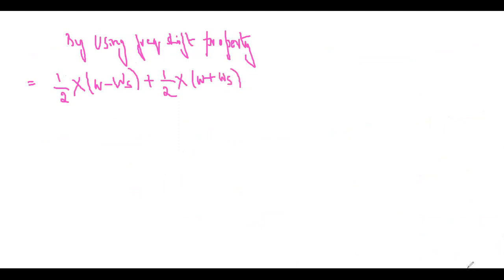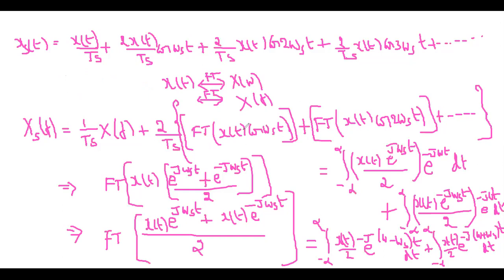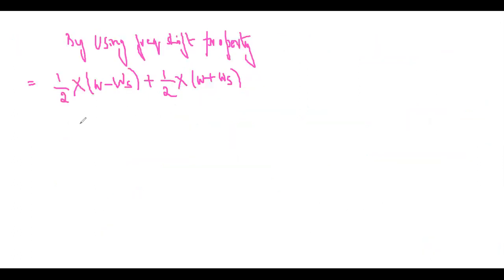Okay, my dear students, we got the Fourier transformation of x of t cos omega s into t. For the second one, the same thing, the 2 will be added here. For the next one, what is the Fourier transformation of x of t cos 2 omega s of t?